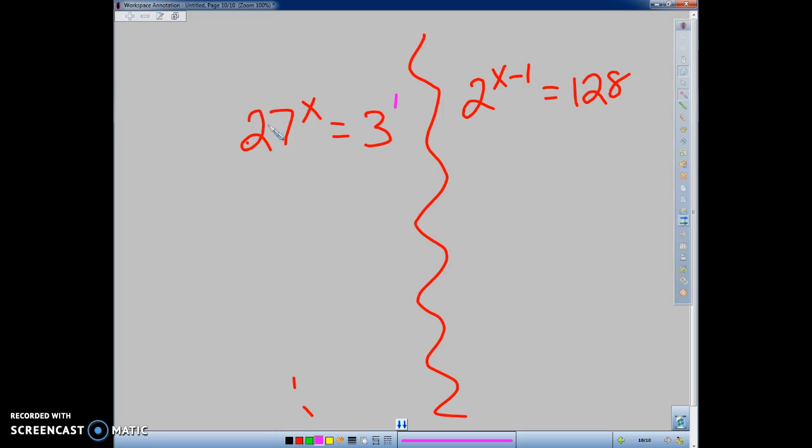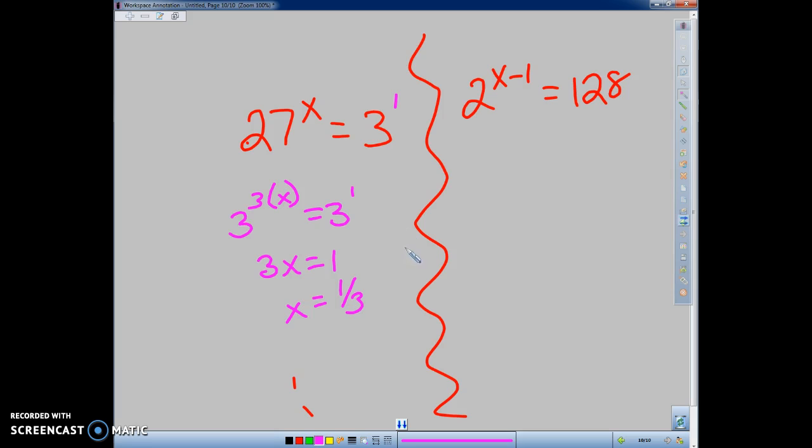So I need to turn this 27 into a base 3. I'm going to go 3 to the third. 3 times 3 times 3 is 27. And then it's going to be multiplied by x, and that's going to equal 3 to the first. Now, once I have the bases the same, I can just go 3x equals 1, x equals 1/3.